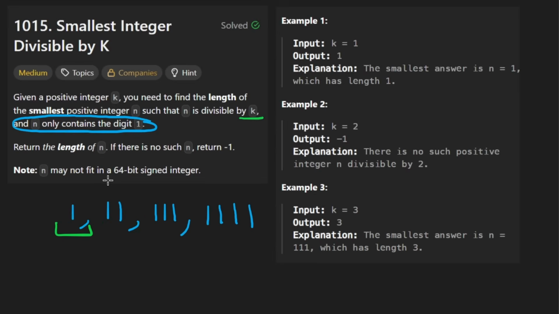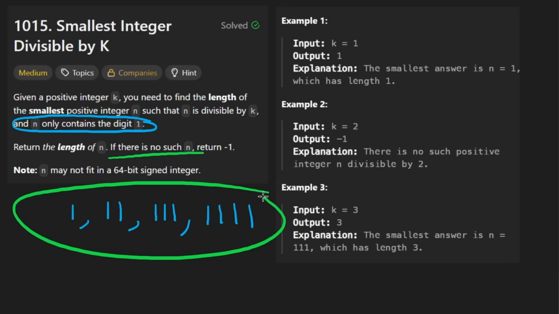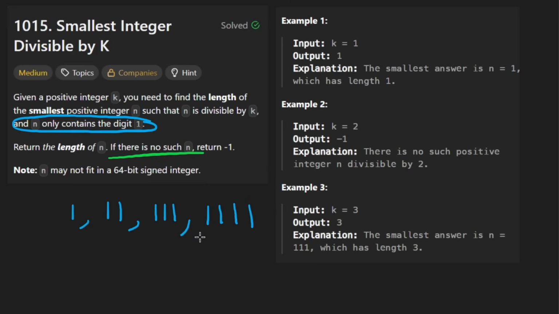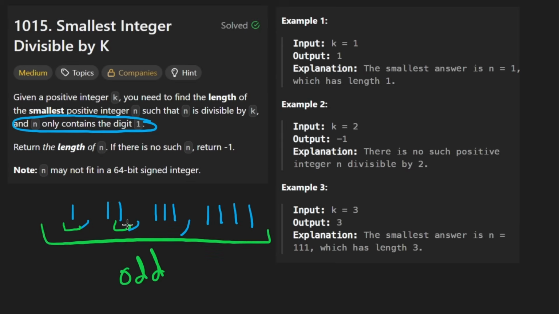And the first one is that actually it's possible that there's no such n where the number is going to be divisible by k. There's no number with all ones that's going to be divisible by k. And I can think of at least one such example off the top of my head, because every single one of these is always going to be an odd number because the last place is always going to be a 1.